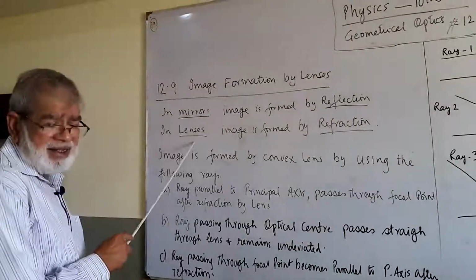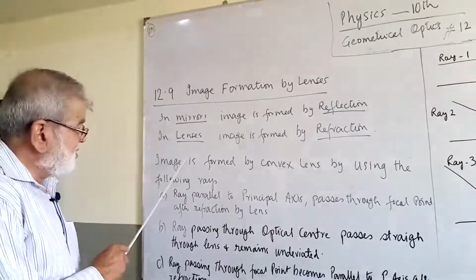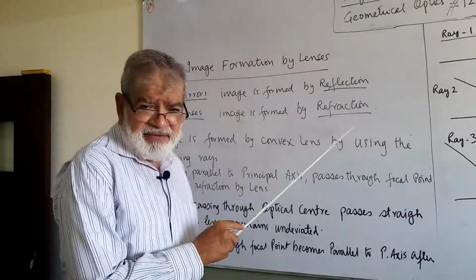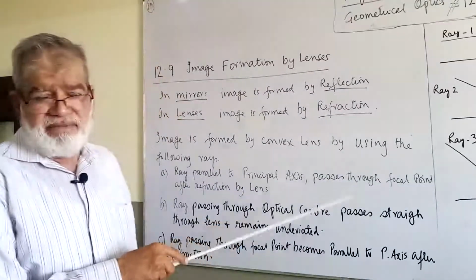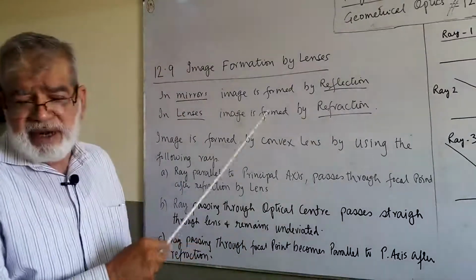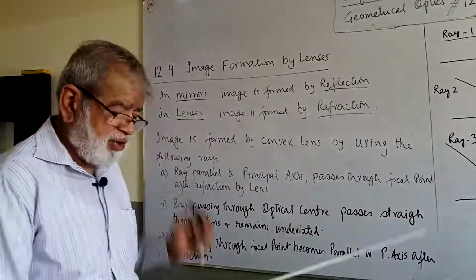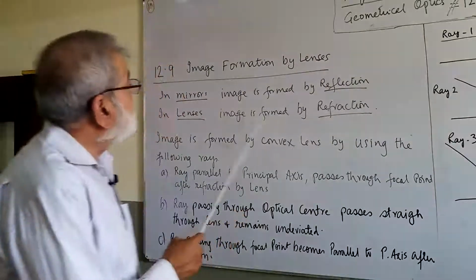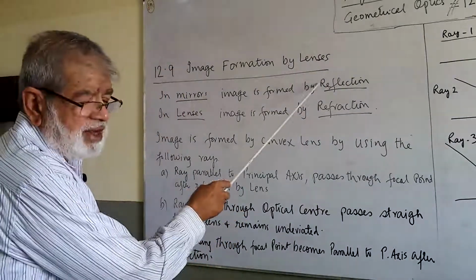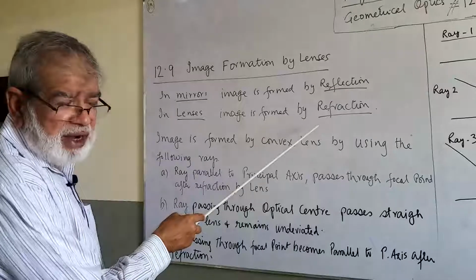And in lenses, the difference is that they form image by refraction. Refraction is bending of light when it passes through a transparent material. So image formation in mirrors is through reflection, in lenses through refraction.